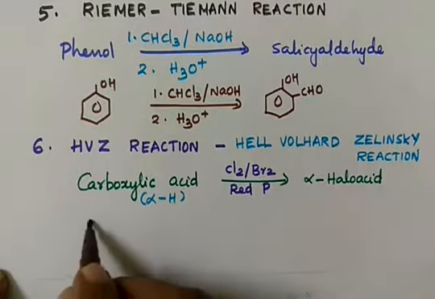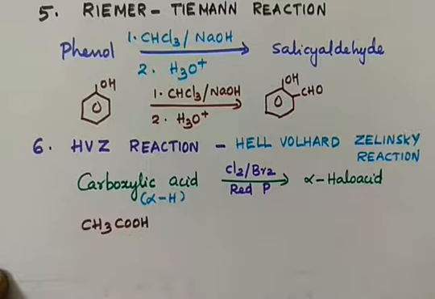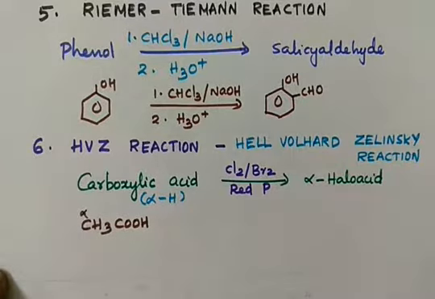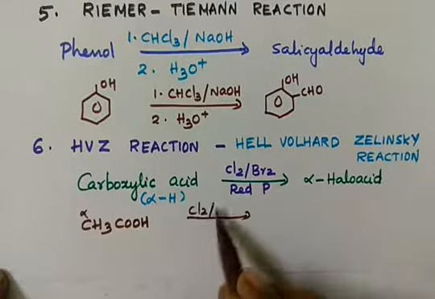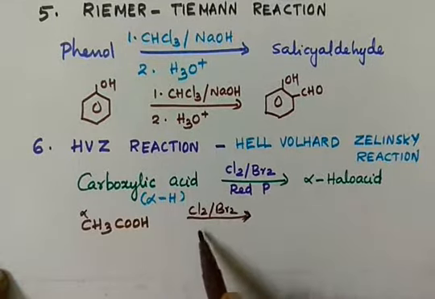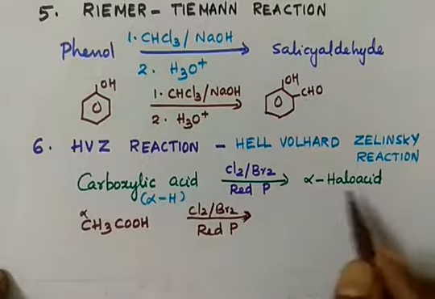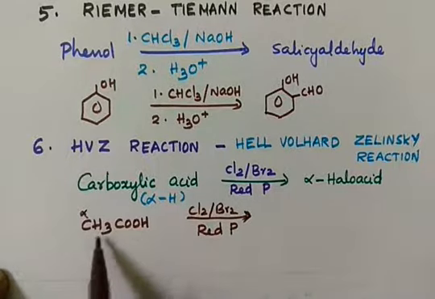Okay, for example, acetic acid, CH3COOH. Okay, so this is an example of a carboxylic acid having alpha hydrogen. This is the alpha carbon. Okay, so alpha hydrogen is present here, and this on chlorination or bromination in the presence of red phosphorus gives an alpha halocarboxylic acid. See here in the alpha carbon, one of the hydrogens is replaced by halogen.